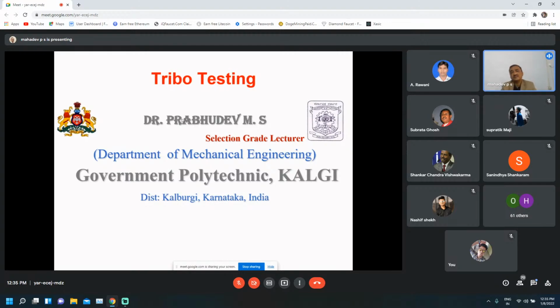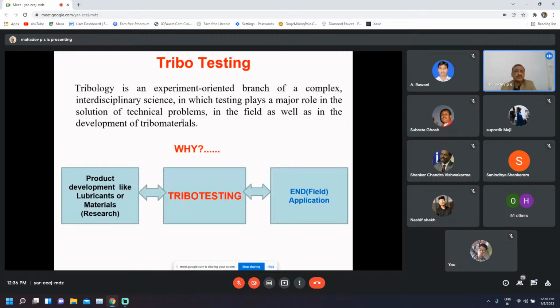Okay, so the materials, whether they may be composite materials or alloys or any other kind of material, are to be tested for tribological aspects. So tribo testing is one of the most interesting and important things an engineer should know.